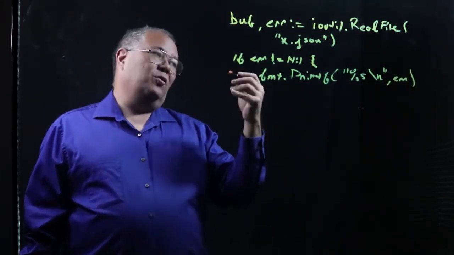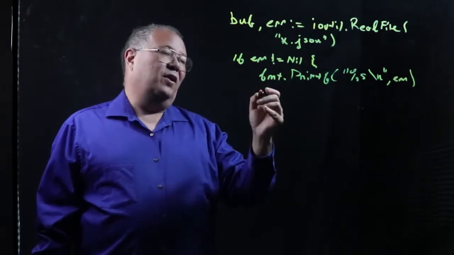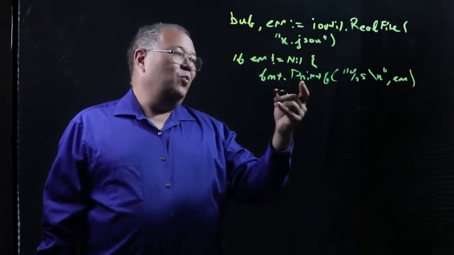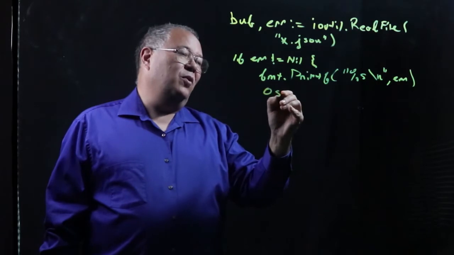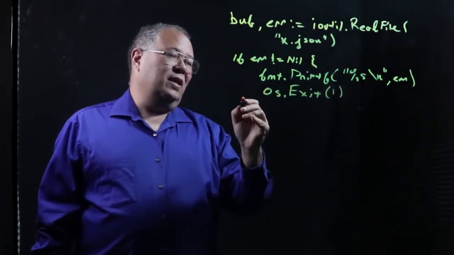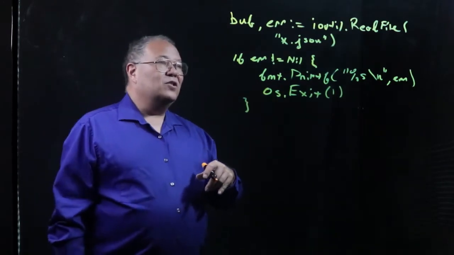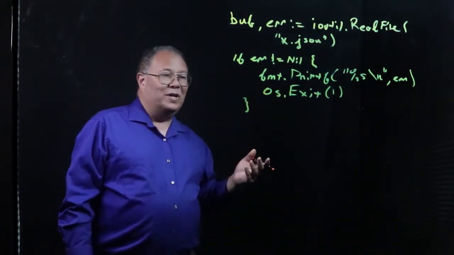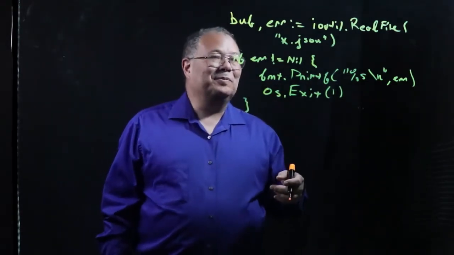And we'll just make the program exit if it can't read its file for this case. This is not the way to write a server, but we'll just do os.Exit, and we'll pass it a 1 to indicate that there was an error. So if you get an error on this, it goes boom, it exits, you're done.